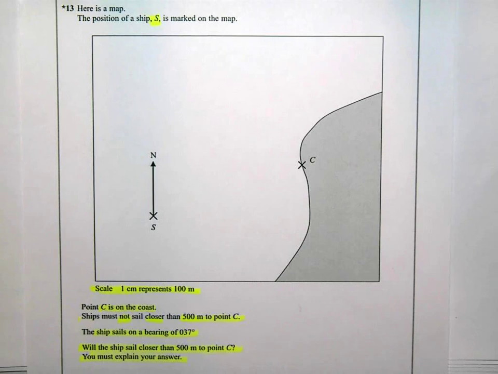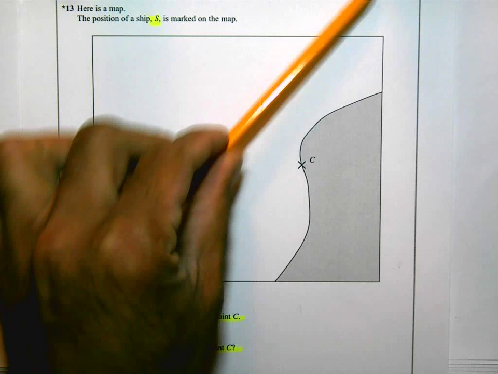And the explanation of the answer is going to come from the diagram and any bits that you put on it. Now, one of the first things you need to recognize on this question is the bearing of the ship. 37 degrees is about that.